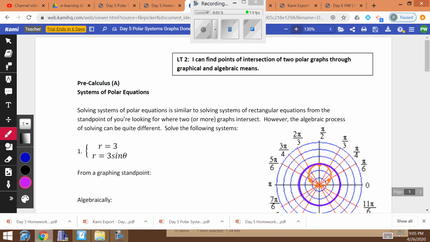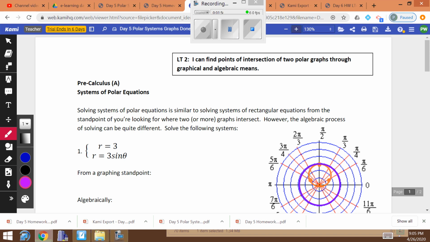You have to have the algebraic part of it. However, the graphs are very helpful because sometimes our algebraic methods may not give you all of the solutions, so you might want to compare back to the graph so you can see it visually.